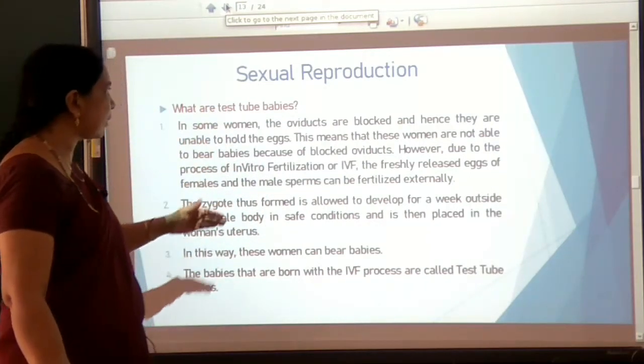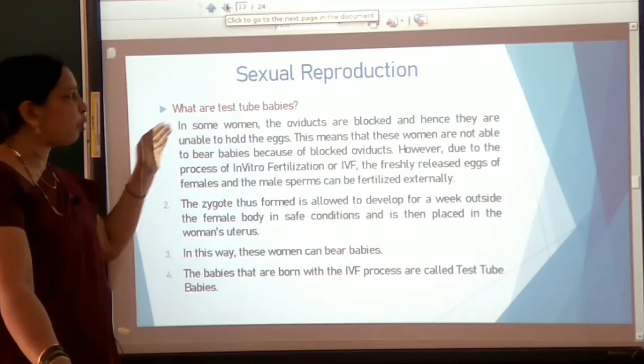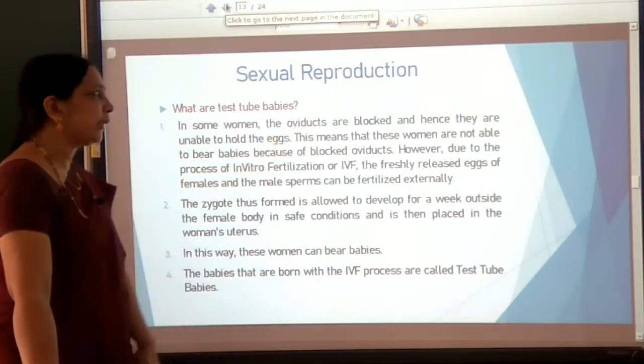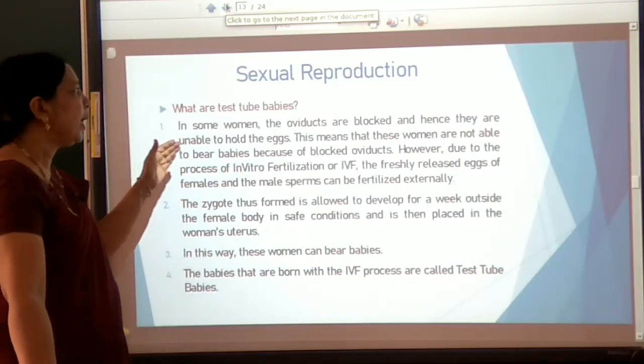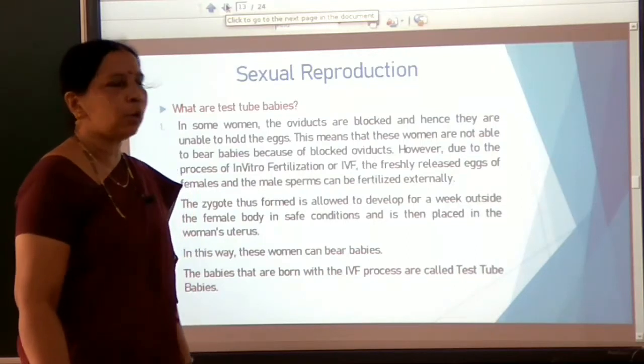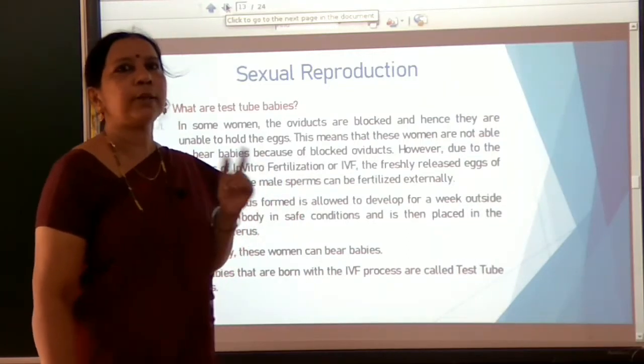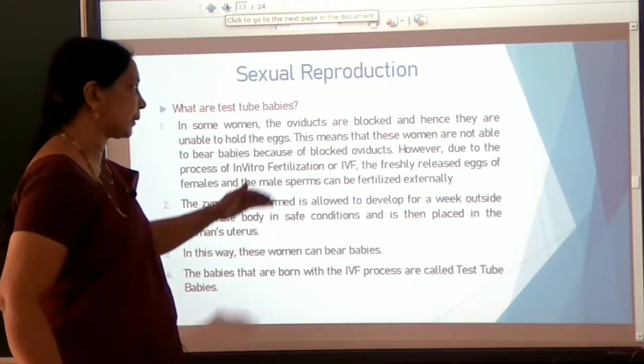In short, you just recall what test tube babies are. Women who have blocks in their oviducts or fallopian tubes are unable to bear babies because of the blocked oviducts. As I said, sperms cannot reach the eggs and fertilization cannot take place.